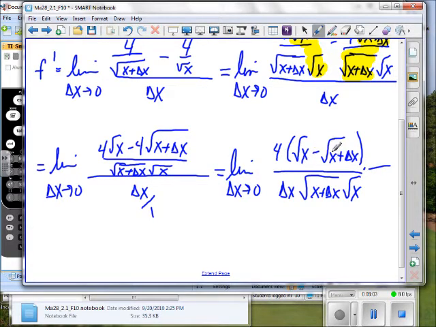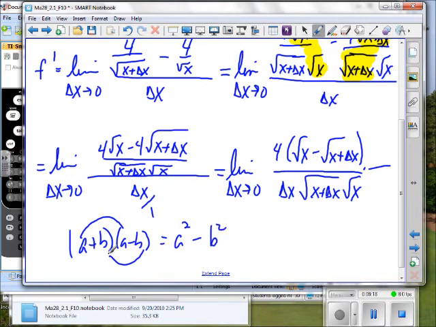It's identical except we change the sign. If you've got a plus b and you have a minus b, then you have a squared minus b squared. What happened to the outside-inside terms? Yeah, same thing happens here. So we have to use the conjugate.